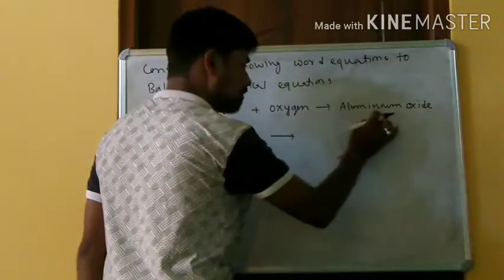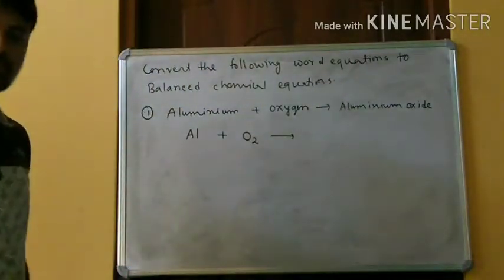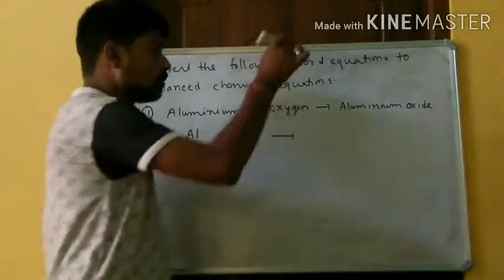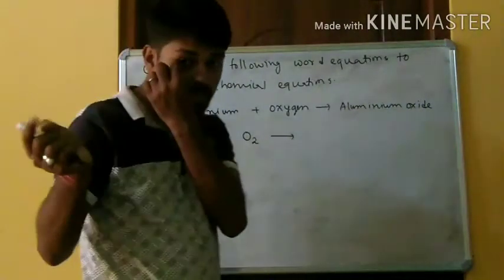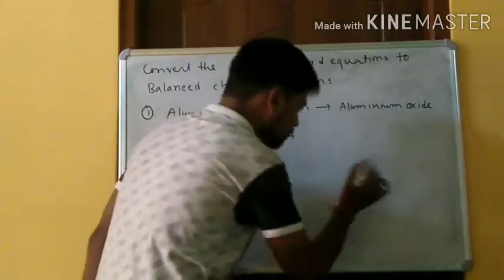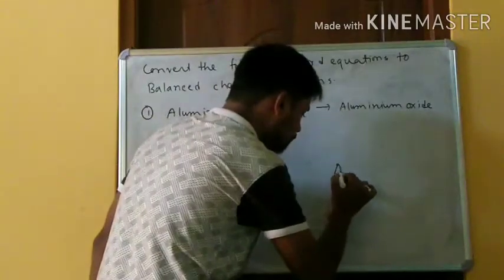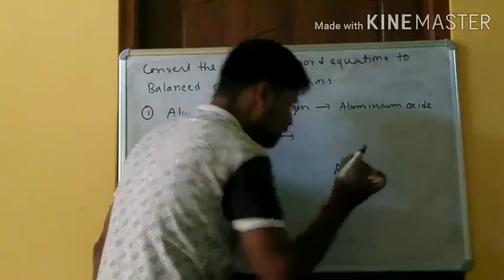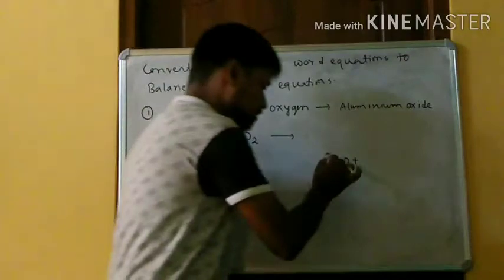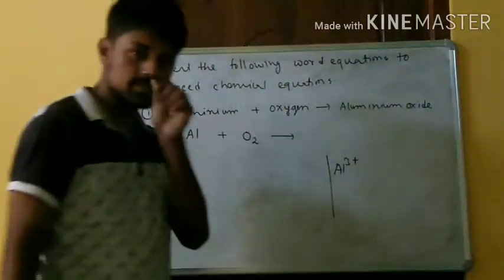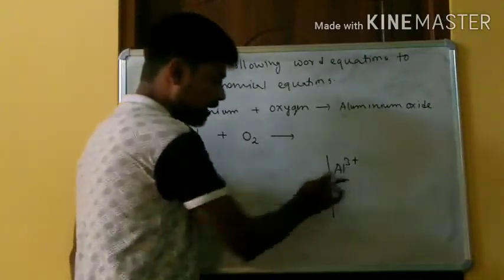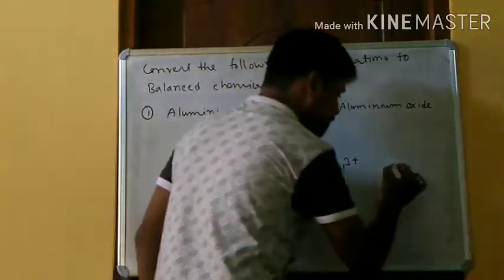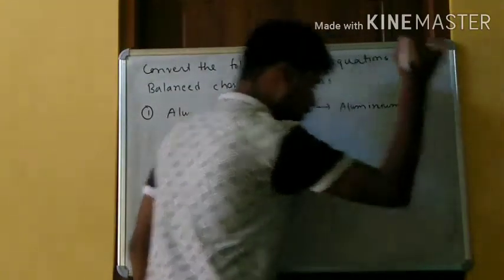Now we have to find the formula of aluminum oxide. How to find it? We can find the formula of this compound by knowing the ionic formula. The ionic formula of aluminum is Al3+, and the ionic formula of oxide is O2-.